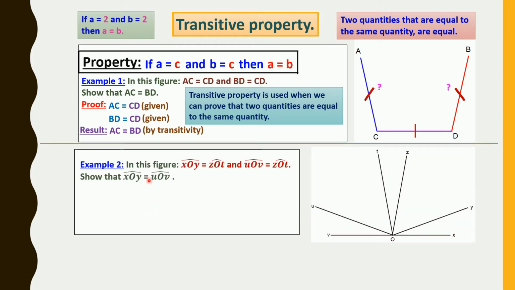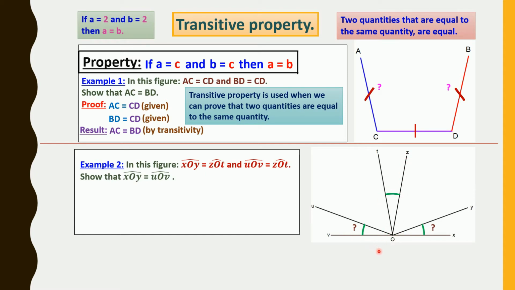Example 2. In this figure, angle XOY is equal to angle ZOT, and angle UOV is also equal to angle ZOT. Show that angle XOY is equal to angle UOV. Here also, same steps. We notice that both angles XOY and UOV are equal to the same angle TOZ.